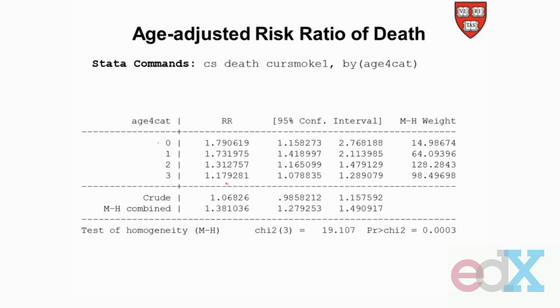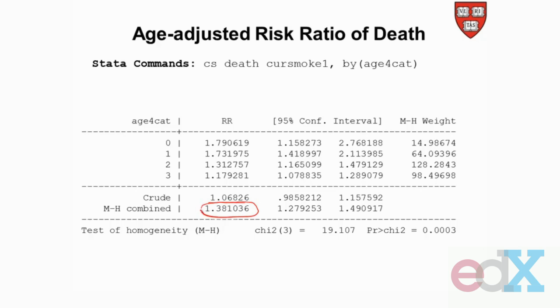At the bottom of the screen, we have the crude risk ratio of death, which is 1.7. That's the same as what we saw earlier. And then the final line is the MH combined. This is a Mantel-Haenszel estimate, and it's right here. It's 1.38.